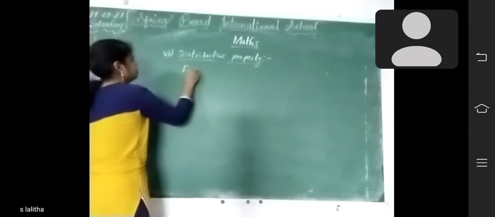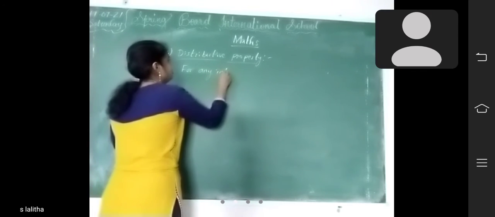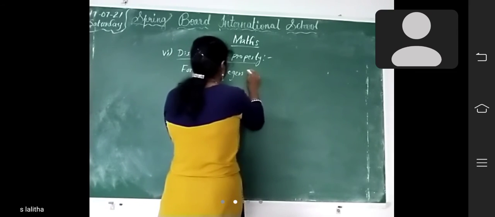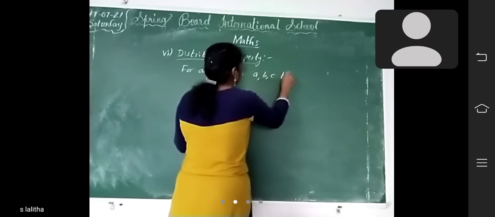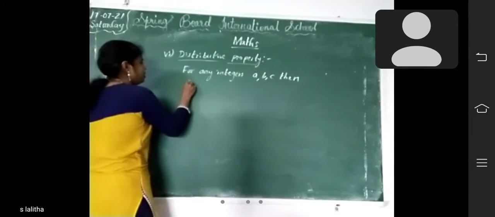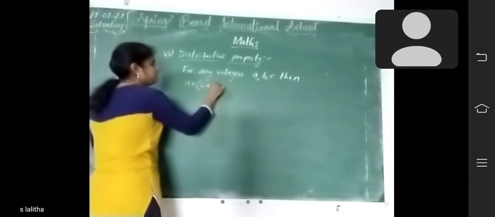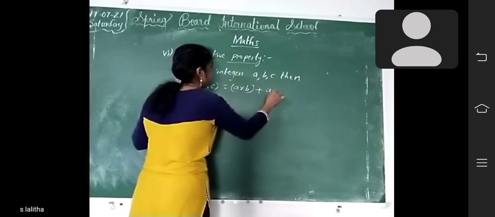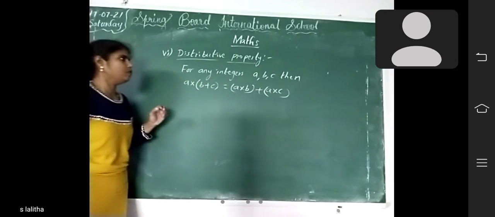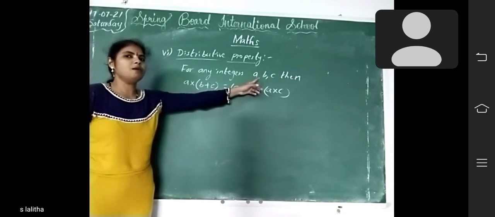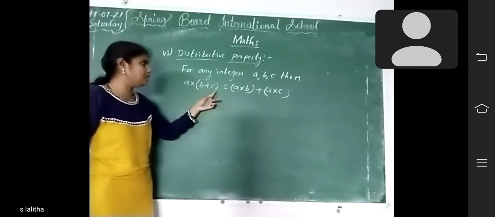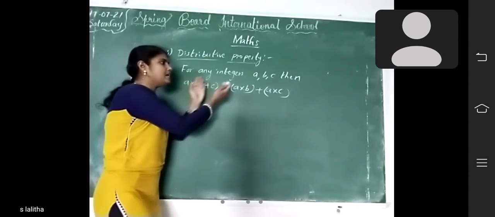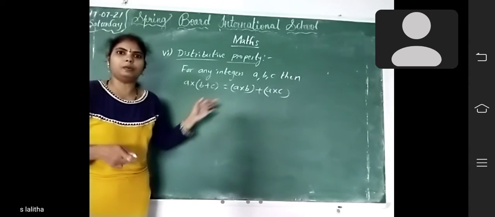For any integers a, b, c, then a into b plus c equal to a into b plus a into c. This is the left hand side, this is the right hand side. This is the distributive property.